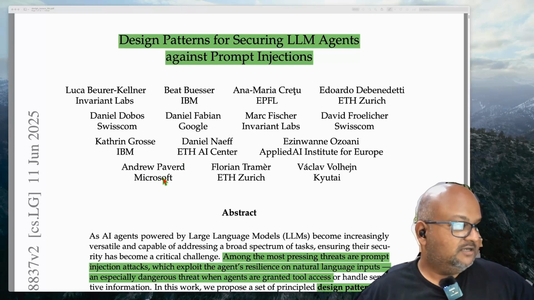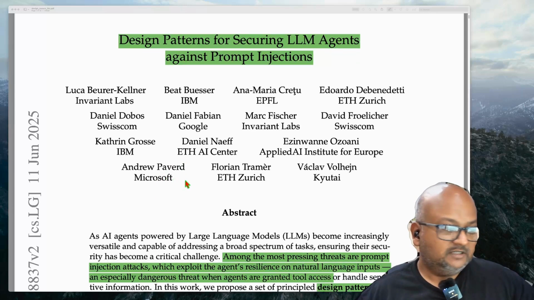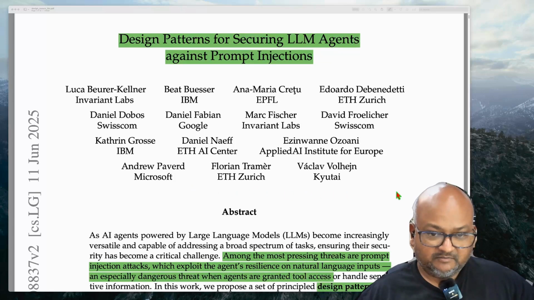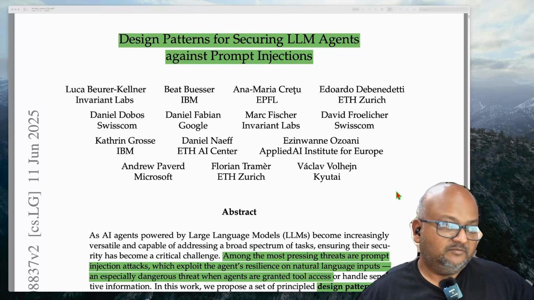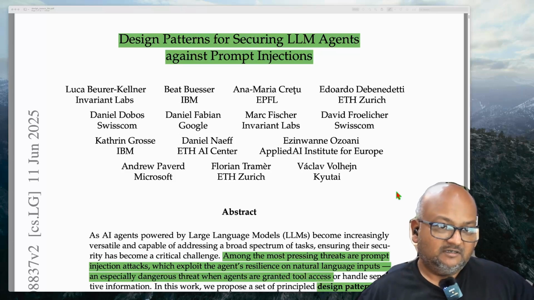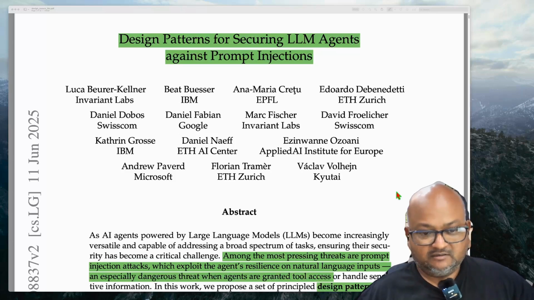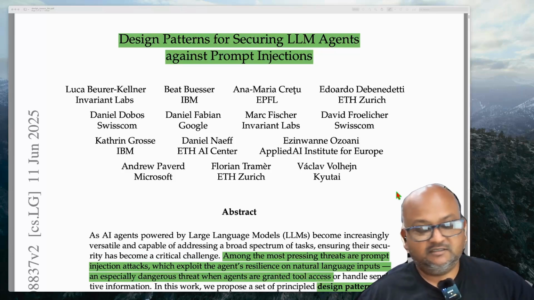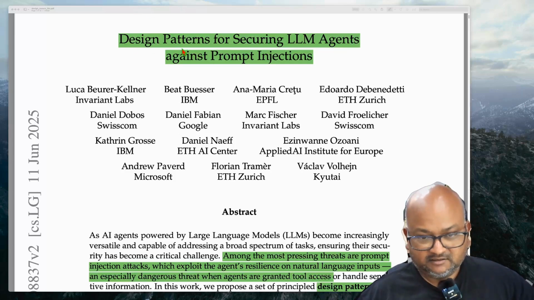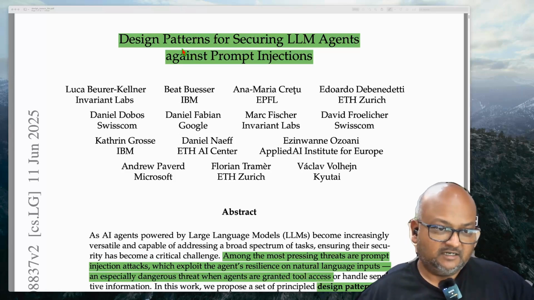This paper that was published just a couple of weeks ago is a great compendium of mechanisms and techniques and concepts that capture the current best known ways to think about this problem of prompt injection and, as they say, document design patterns for how to build applications that are resilient to such attacks.